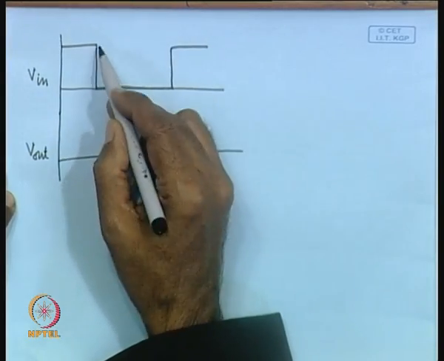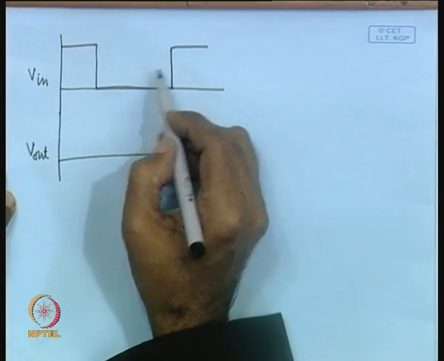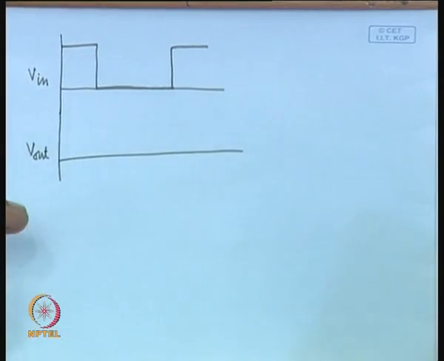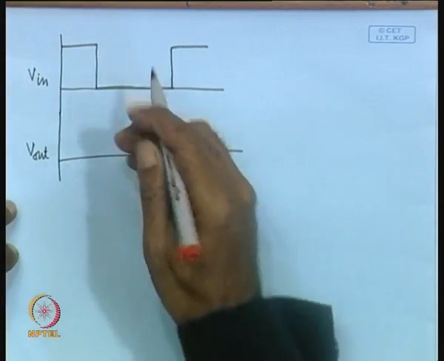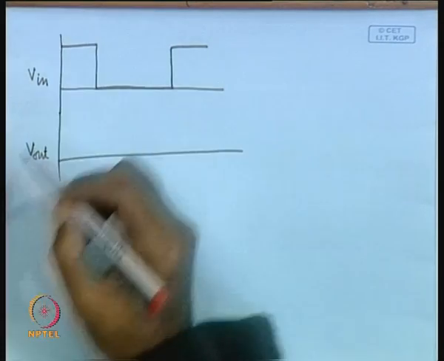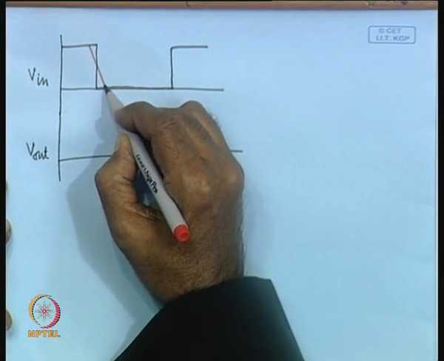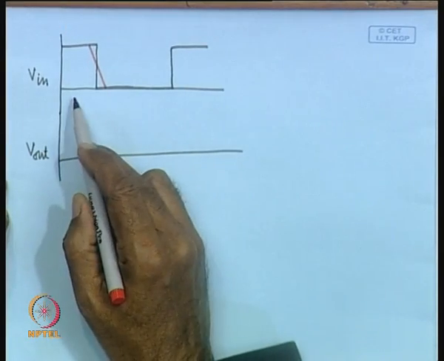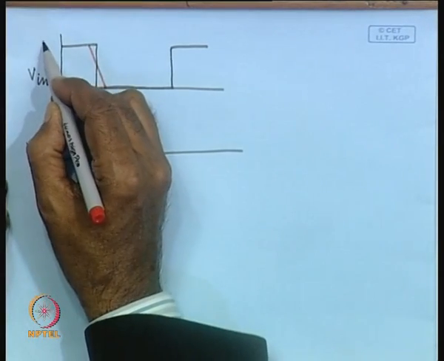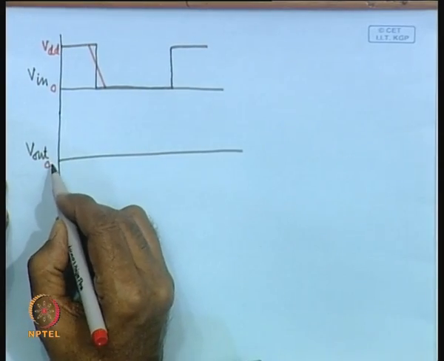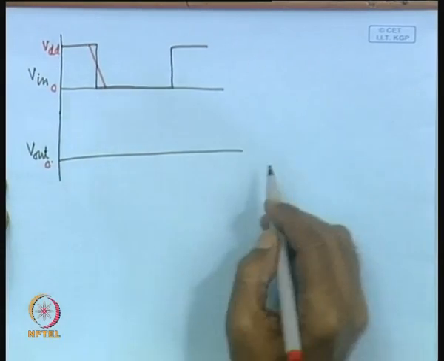That means the switching times, rise time and fall time, of the input are 0. But ideally this will not be so. Later on you will see it will take some finite time to change from 0 to VDD. This is your VDD and this is 0 volt, and this is the 0 level for the output.